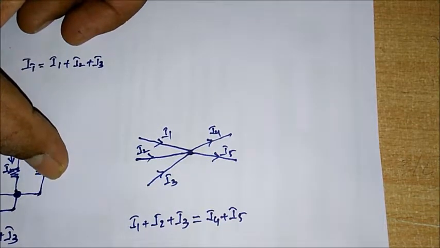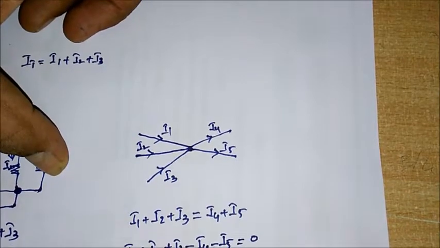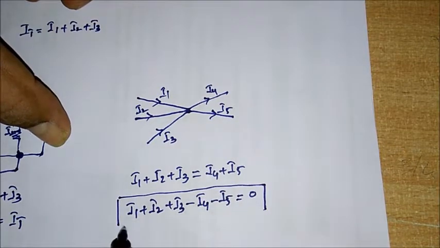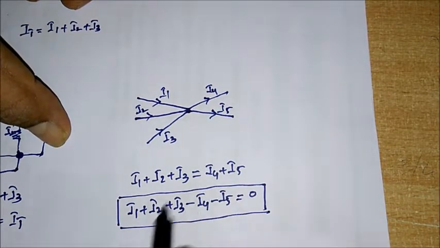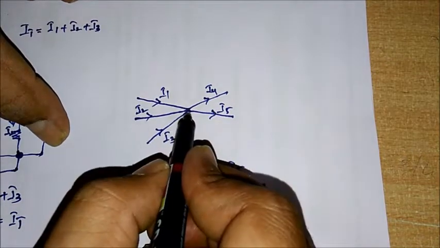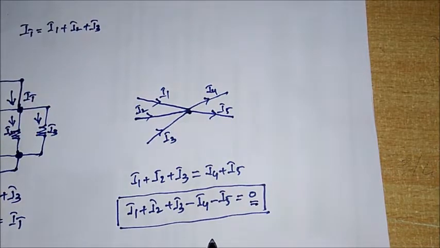We can also say that I1 plus I2 plus I3 minus I4 minus I5 is equal to 0. With this we can define Kirchhoff's current law as: the algebraic sum of the currents at a particular node is equal to 0. This is how we can also define Kirchhoff's current law.